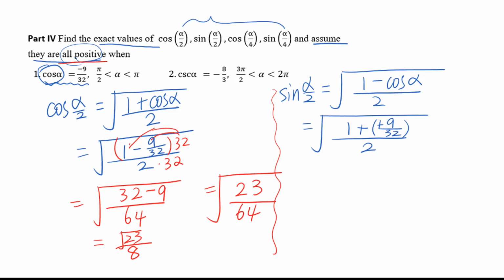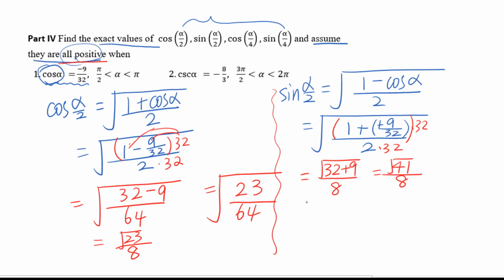Same thing, we will multiply by 32, top and bottom. Your denominator is 64, so you get the 8. Look at the top, you will get square root of 32 plus 9. That is square root of 41 over 8.